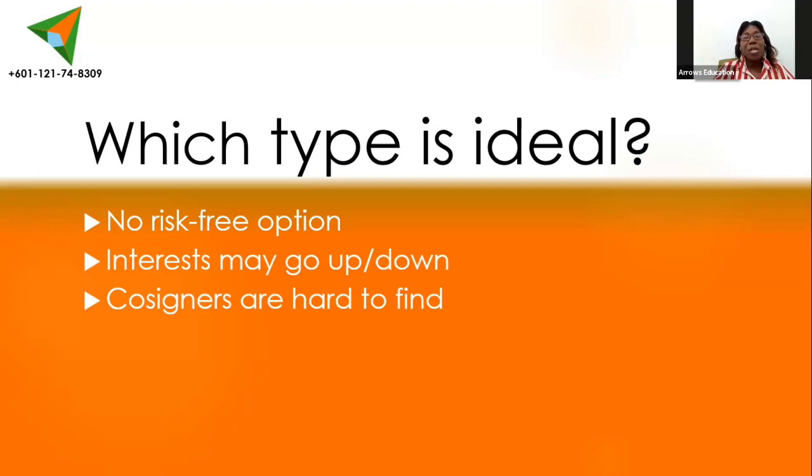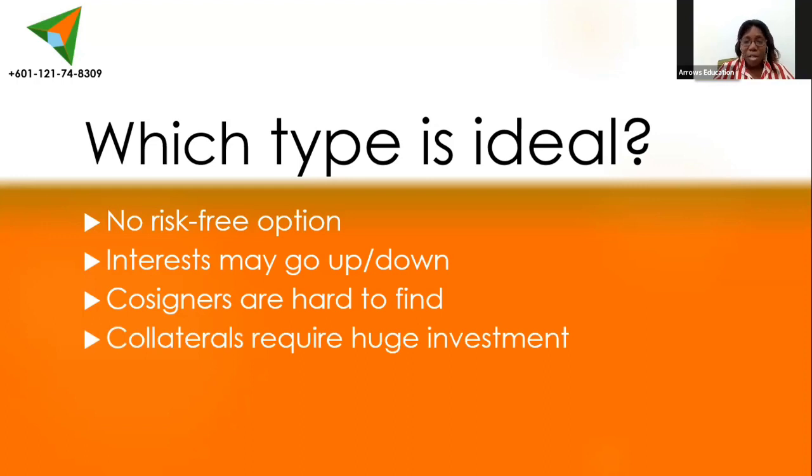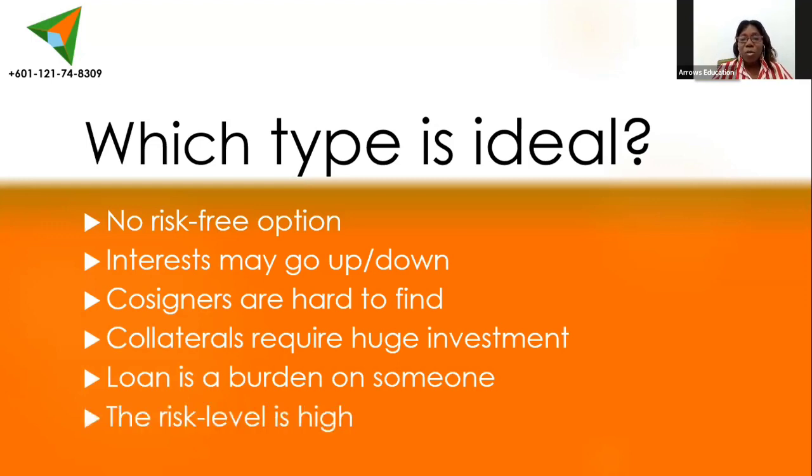But the point is, what is the worth of this person for them to qualify to sign for you? Collaterals require huge investment, which many people don't have anyway. And loan is always a burden on someone. That's one thing that you have to know. It is either a burden on you or a burden on the person that is signing surety for you. So there is no way of answering that question to say one is the one that is ideal.